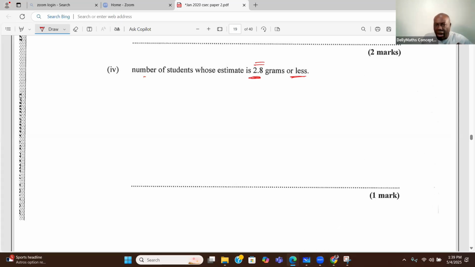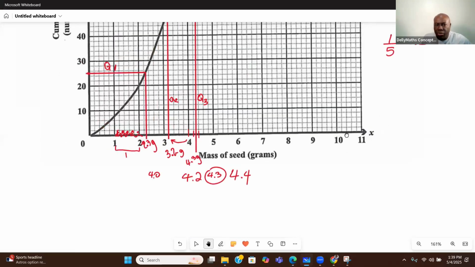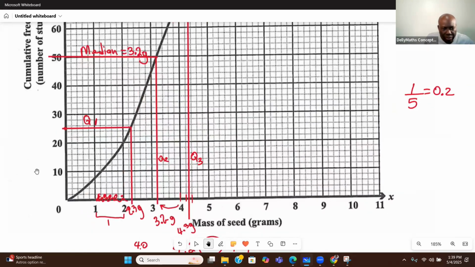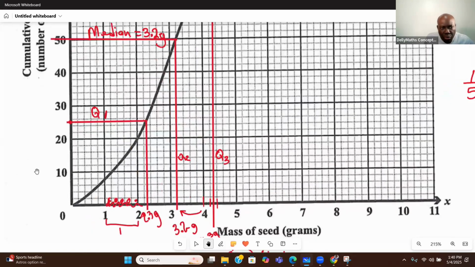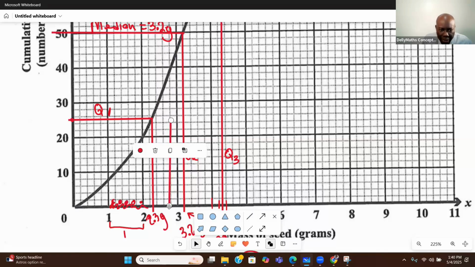So you go on your graph, look for 2.8, and bring it to where the students are. Let me see if I can blow this up for you. 2.8 is next to 3. This is the line you're working with, 2.8.